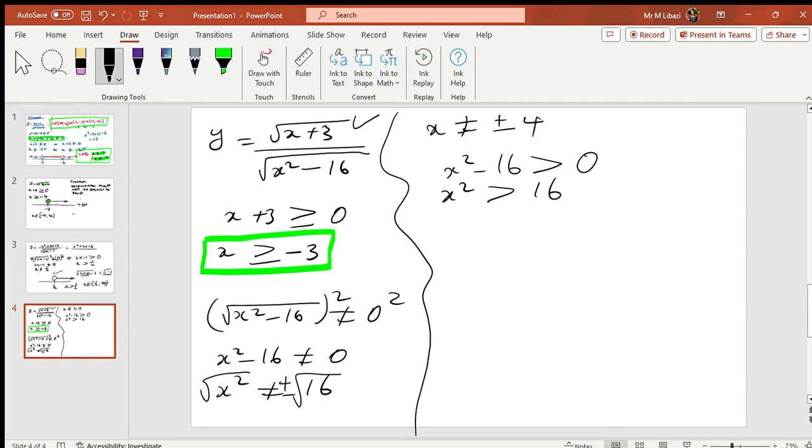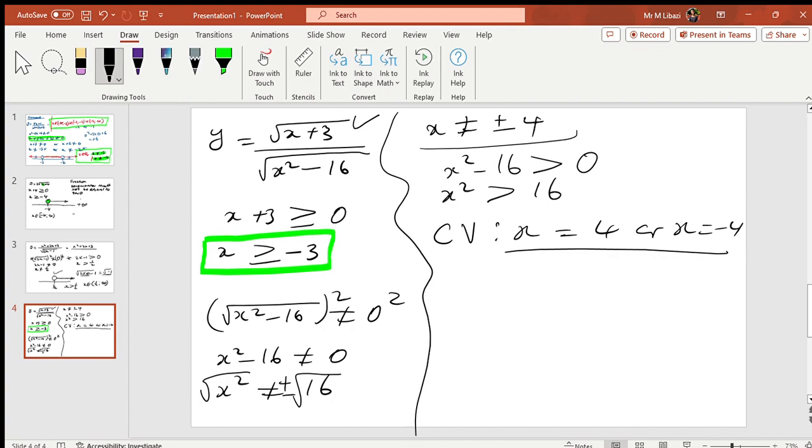So here, after this, we don't really have to put the square root both sides since we have an inequality. We can actually take this as critical values, which is x is equal to 4 or x is equal to negative 4. But either way, you can see that these values already, we have them in that second condition there.